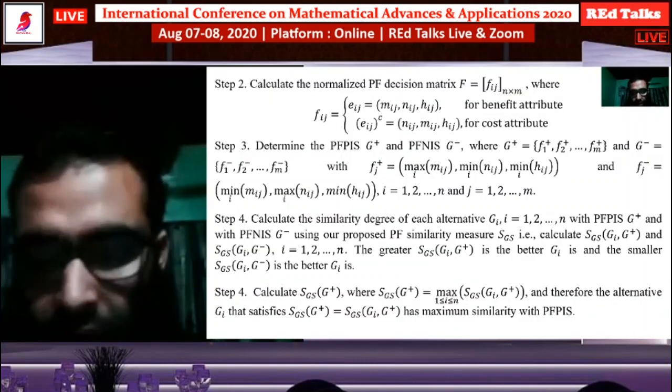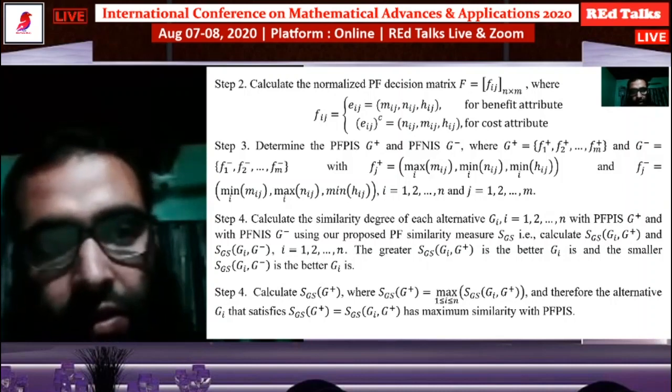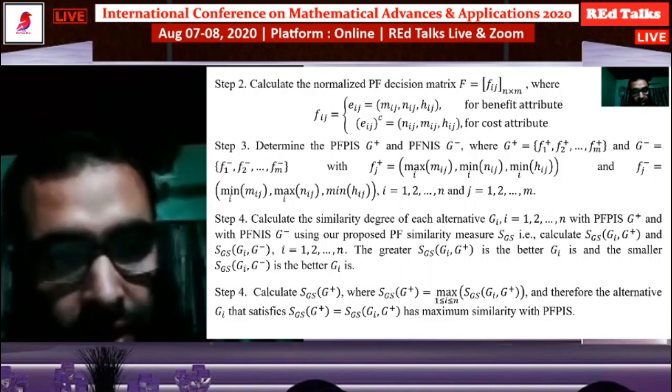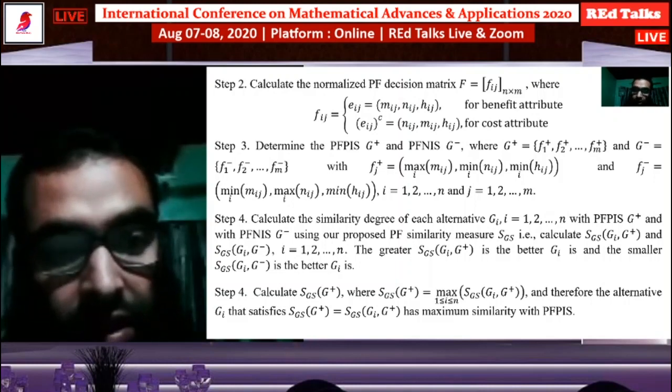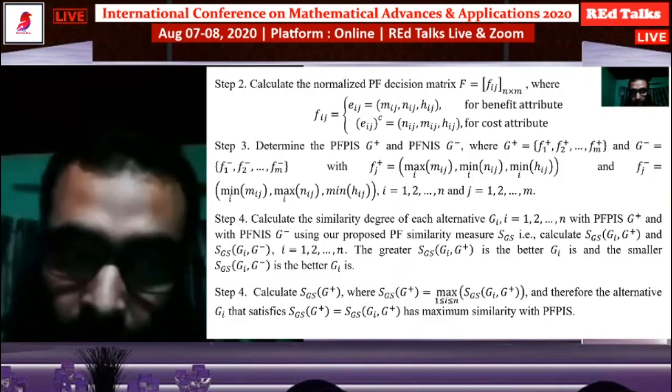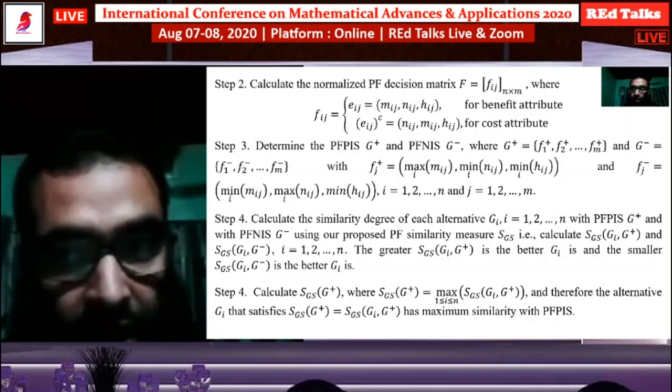And what we did: the first 2 steps are the same as in TOPSIS. The third step is also the same as in TOPSIS. The fourth step is that we calculate the similarity degree of each alternative from the positive ideal solution and negative ideal solution, same as in TOPSIS.